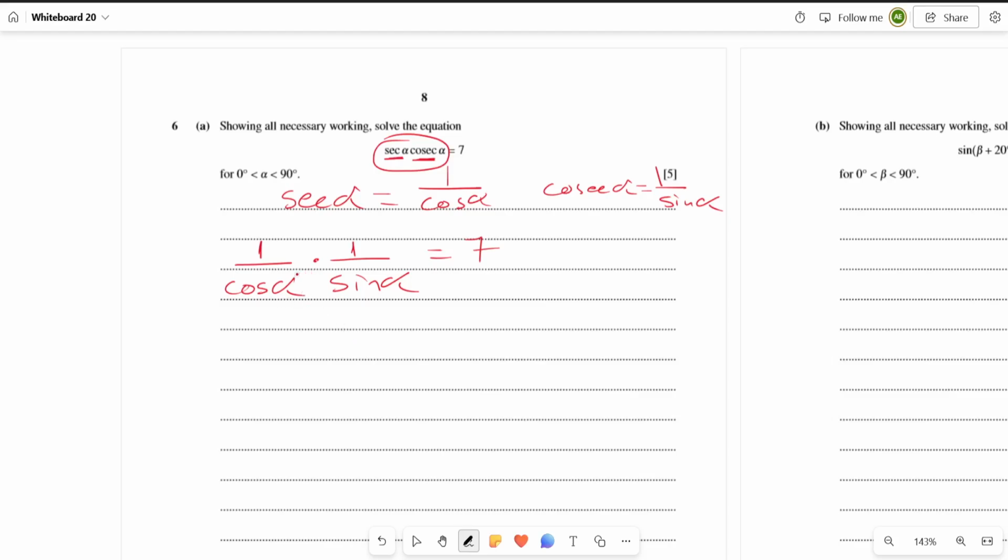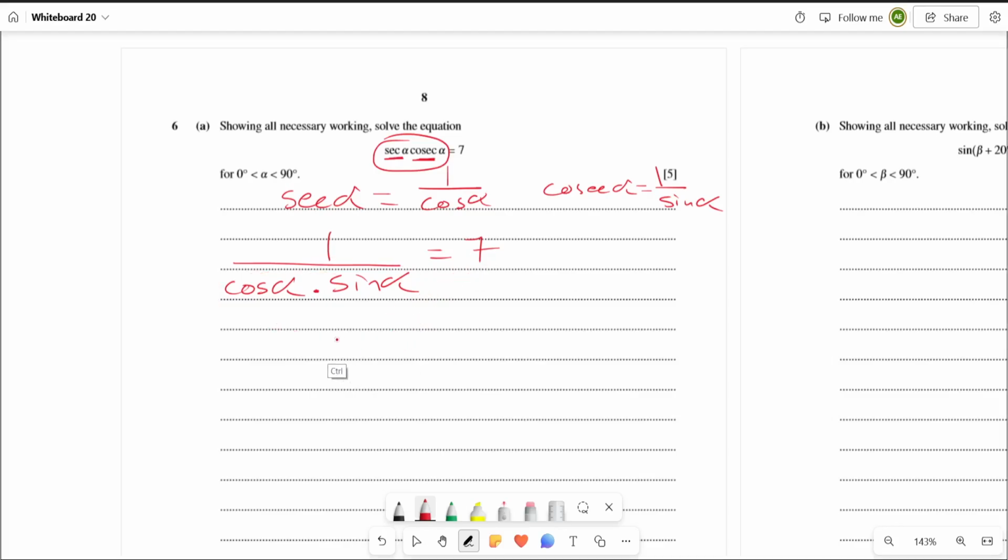So this is basically just 1 over cos alpha times sine alpha, right? I will multiply this cosine alpha to this side and bring the 7 to that side. So it's going to be 1 over 7 equals cosine alpha sine alpha.